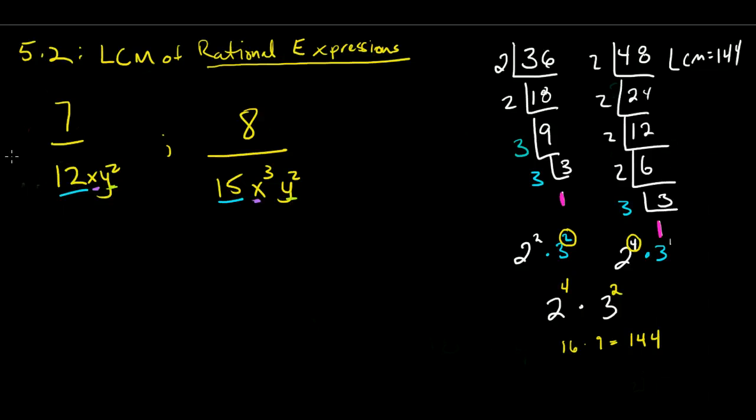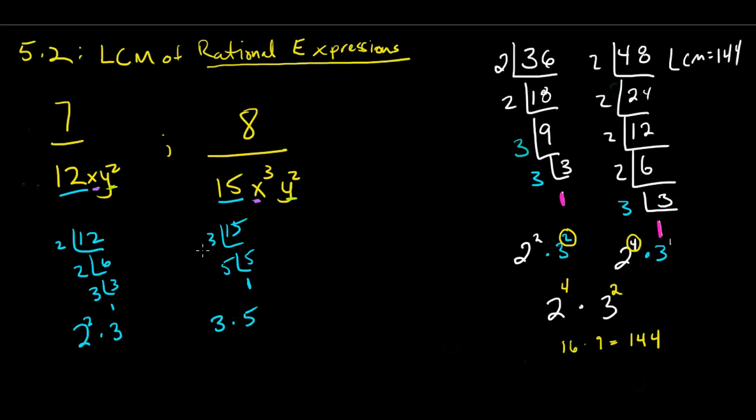So let's do the number part first. The number part is 12 divides by 2, divides by 6, 2, 3, 3, and then I'm done. So it's 2 squared times 3. 15 divides by 3, leaves 5, divides by 5, and that's 1. So 15 is 3 times 5.